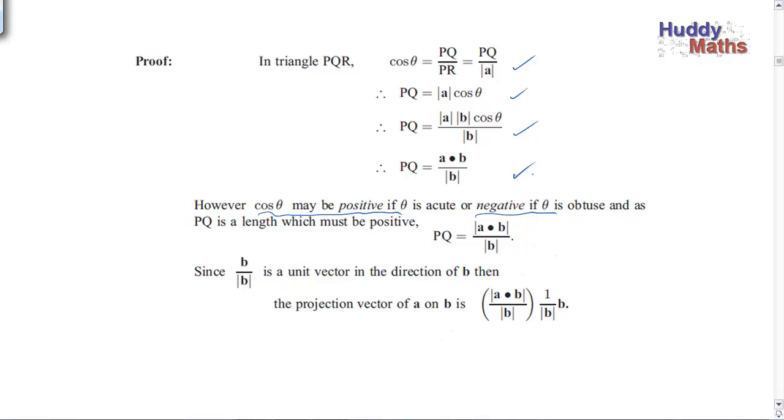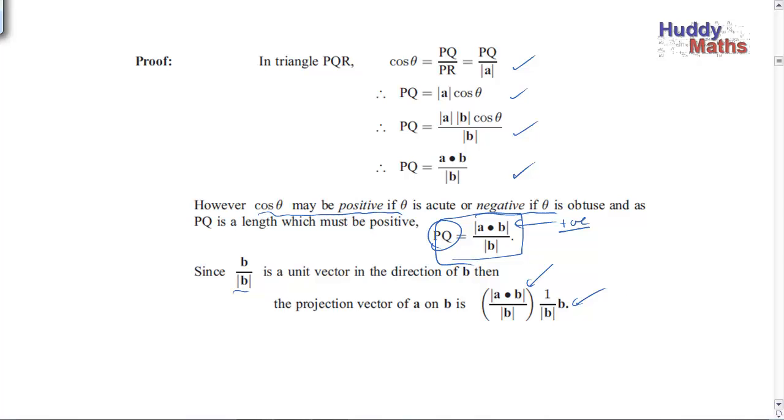And as the length must be positive, we're going to use the size of A dot B. We don't want a negative, that must be positive because we want a positive length here. So you should put this around it. All right, then multiplying by that, as we said before.